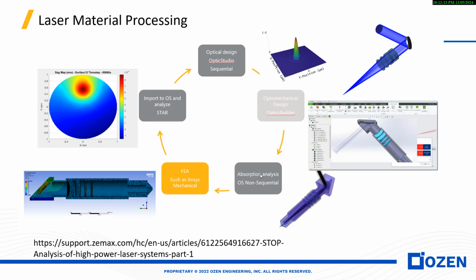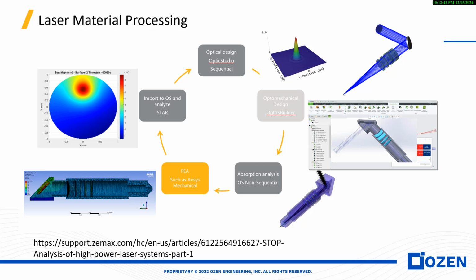The data of the absorption analysis goes to the ANSYS Mechanical tools. In that case, you can extract the FEA data, I mean structural deformation and thermal deformation. These FEA data, which is a notepad file, you can import into Zemax using the STAR module.